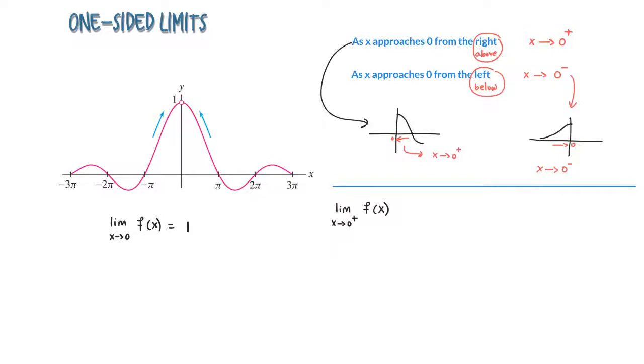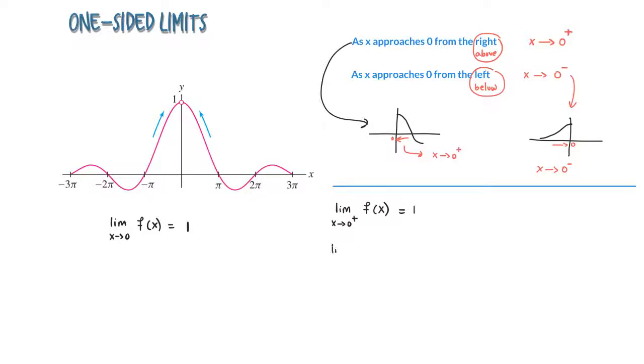Let's go back to this function. This is our f of x. We are approaching now 0 from the right. We said that the y values are climbing and climbing towards 1. So then I can write here that this is going to be equal to 1.